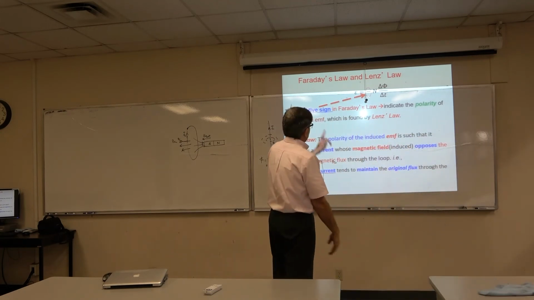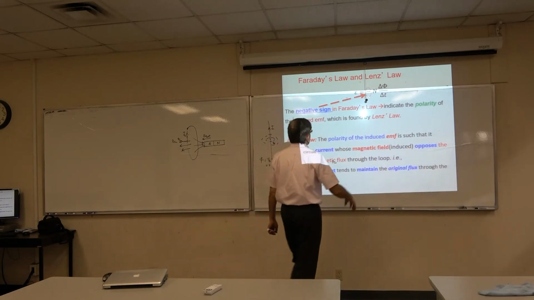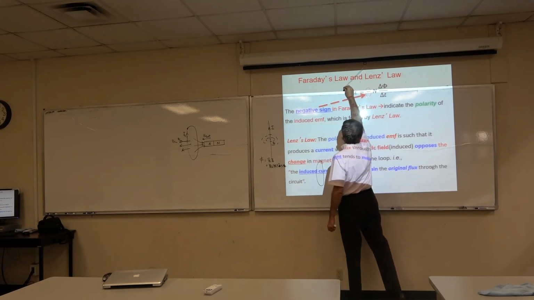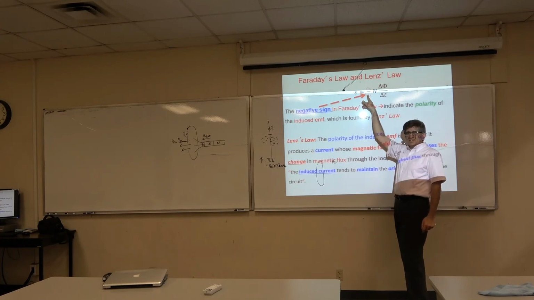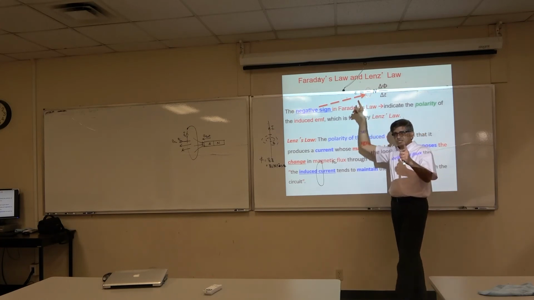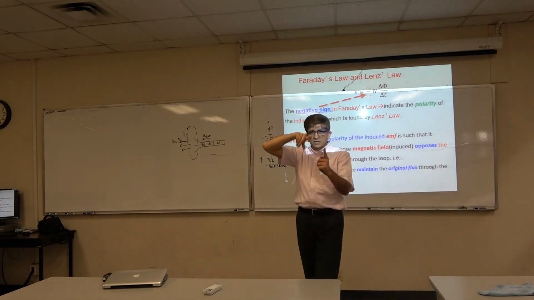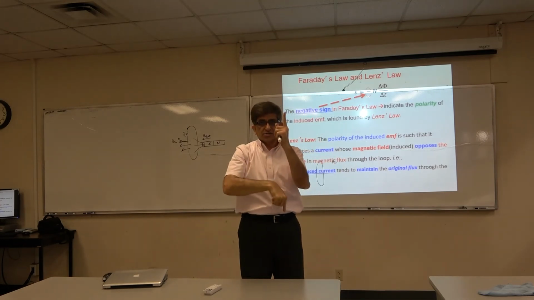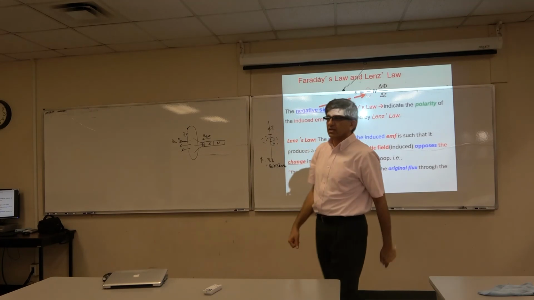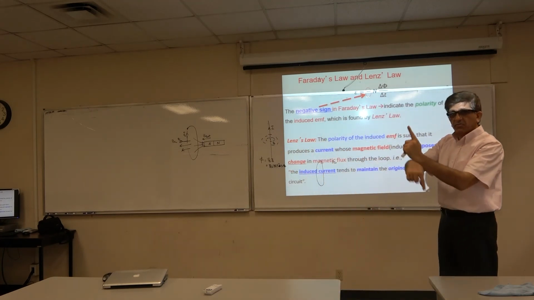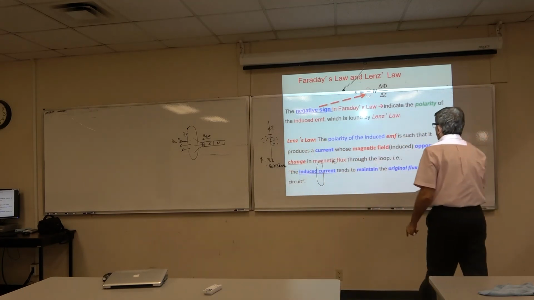Now, I do not have an absolute value over here, but instead I put the negative sign. This negative sign comes from Lenz's law, and Lenz's law says the effect is opposing the cause. The effect will be opposing the cause, right?